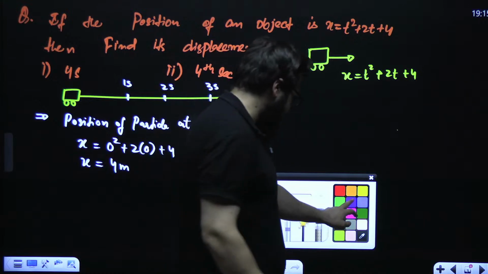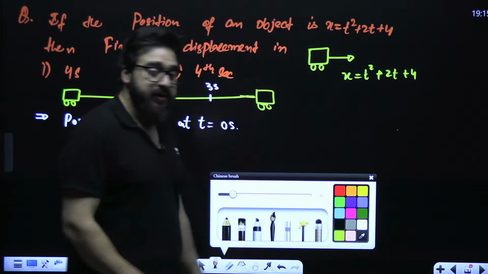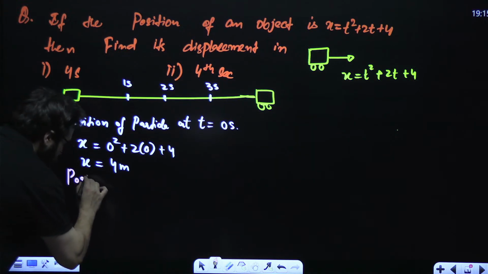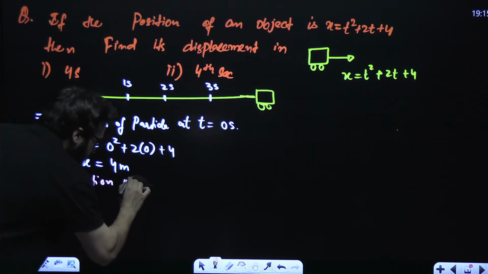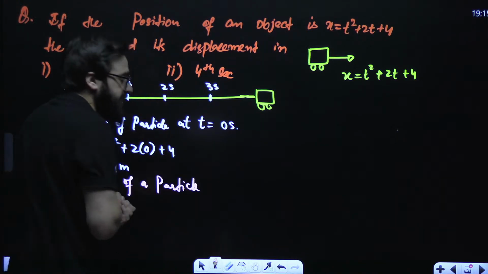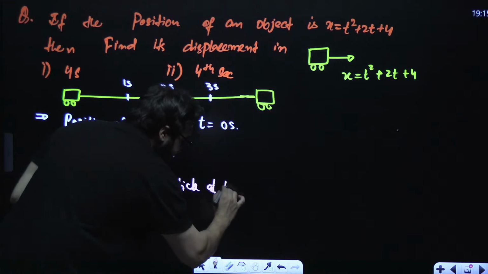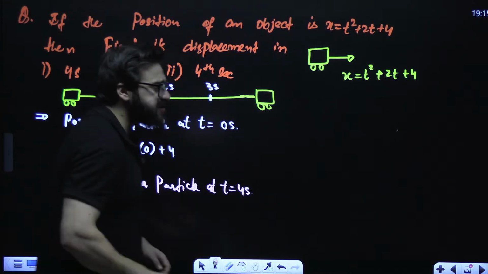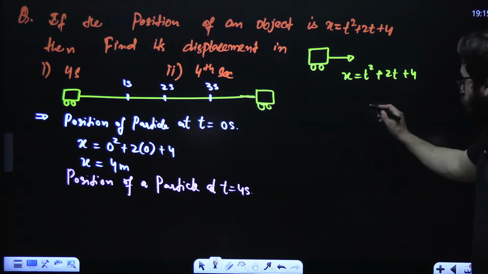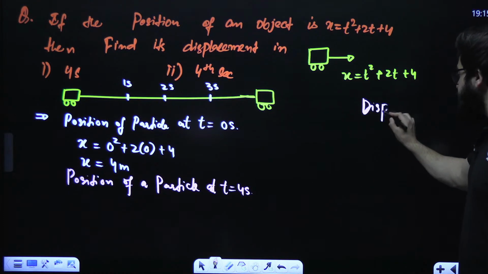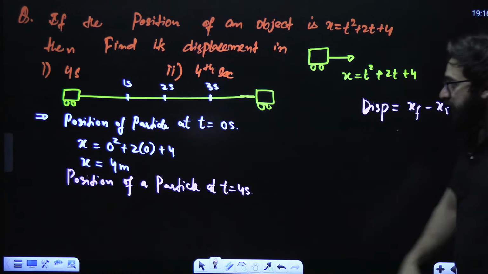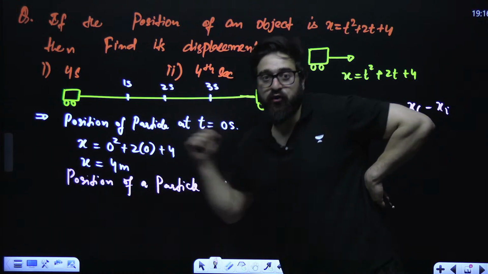Now guys, understand one thing. Let's suppose I say the position of a particle at t = 4 seconds. Guys, if you remember the last class, I told you that displacement is always equal to final position minus initial position. Initial position we got as 4 meters.